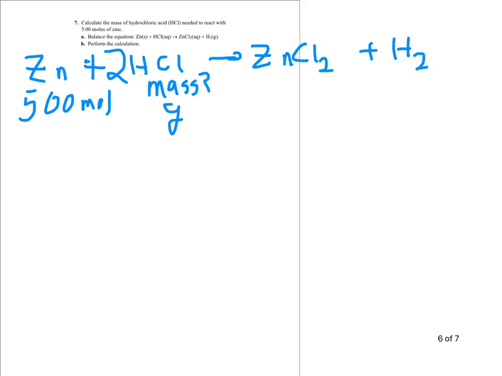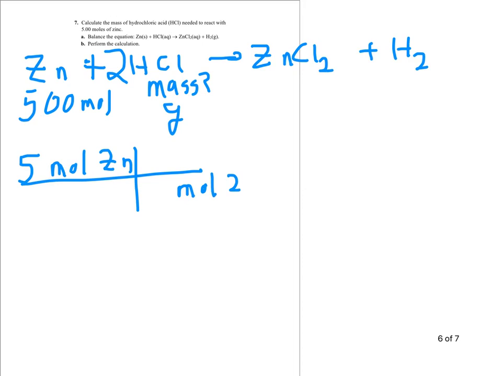So very similar to the last problem, 5 moles of zinc. A mole ratio will allow us to go from moles of zinc to moles of HCl, and 2 and 1. Cancel and cancel.